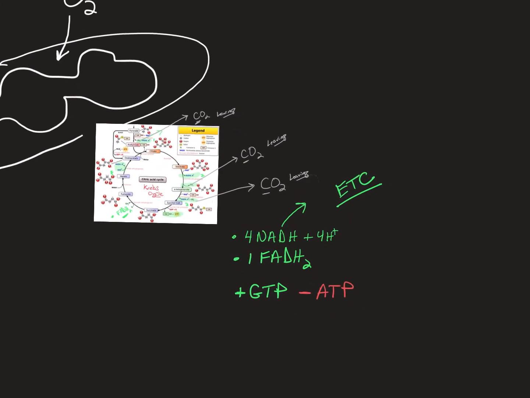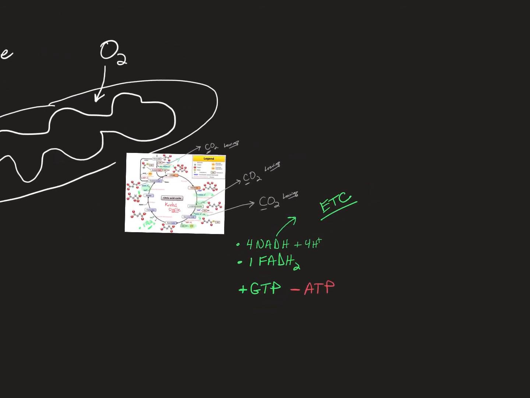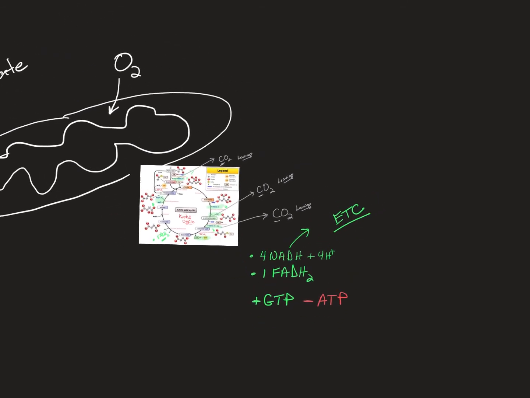So in the ETC, you're getting the NADH from the Krebs cycle. That's the last of the pyruvate. You're getting the NADH from glycolysis in the cytoplasm that's coming into the mitochondria, and you're getting the FADH2.